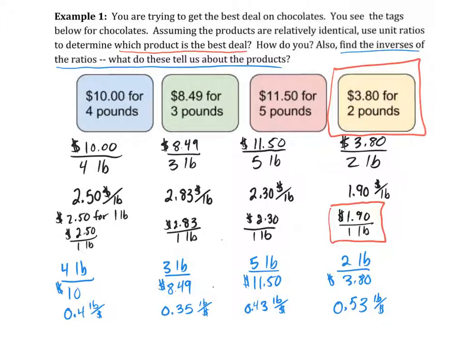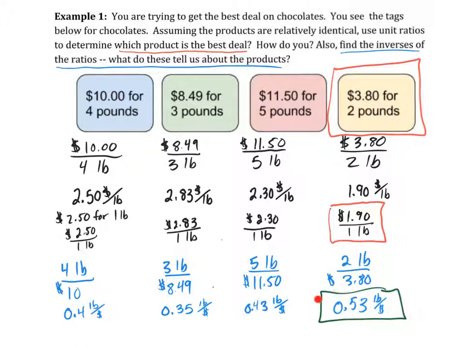That's the yellow tag. We know the yellow tag's the best deal, but if you look down here, you're saying, well, that's the largest number. I thought we were looking for the smallest number. Again, this is where you have to be conscious of the units. Up above, the best deal was represented by the smallest amount because we were looking at dollars per pound. We wanted the smallest number of dollars for each 1 pound.